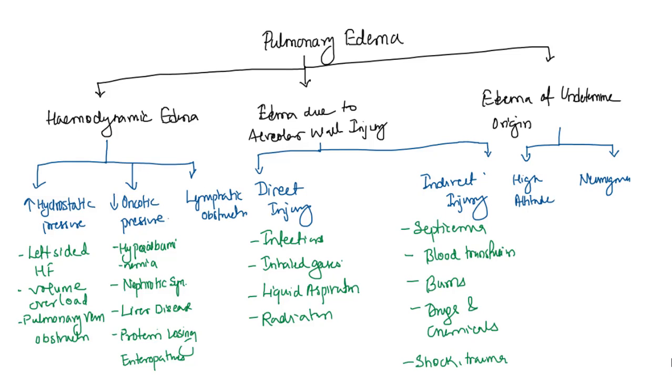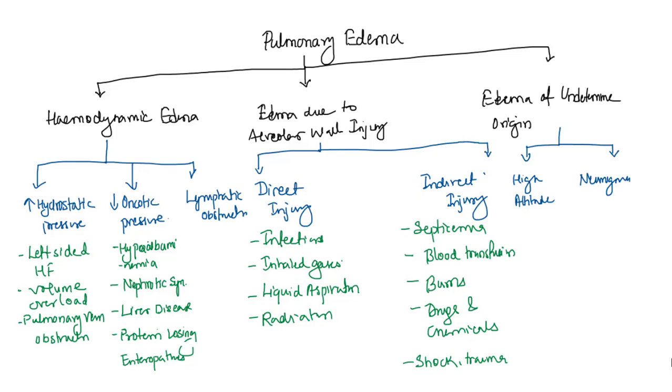Hemodynamic edema can be due to increased hydrostatic pressure, which is present in left-sided heart failure, volume overload, pulmonary vein obstruction, or due to decreased oncotic pressure, as in hypoalbuminemia, nephrotic syndrome, liver disease, protein-losing enteropathies, or it may be due to lymphatic obstruction.